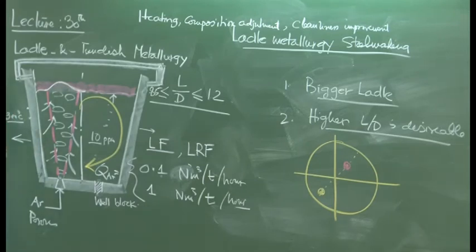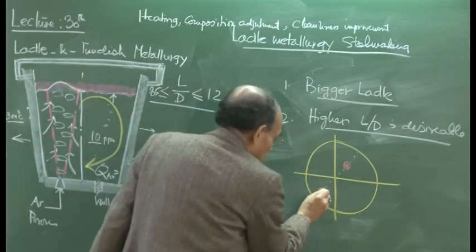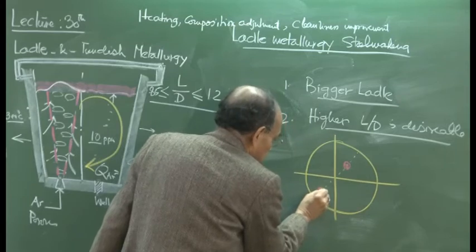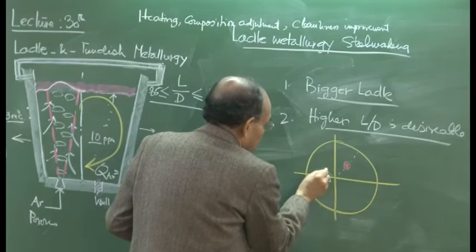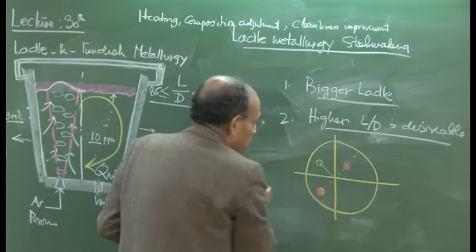In some plants or in some big ladles, one plug is not good enough because you use a very small flow rate. So, you require two plugs, and in that case the plugs could be located exactly opposite, and the well block may then be located somewhere here.